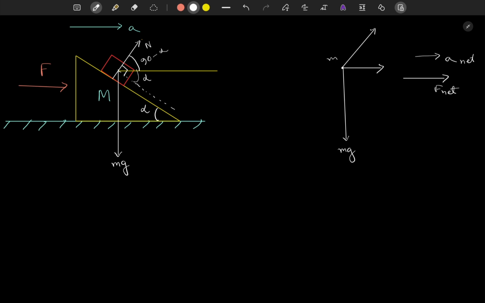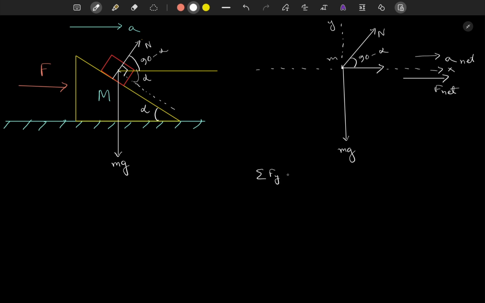Okay, I will consider this to be the x-axis, and the vertical axis I'm going to denote as axis y. So there will be two equations.